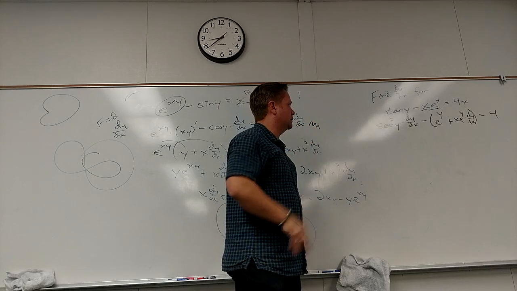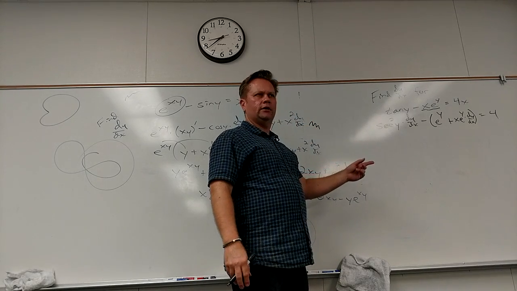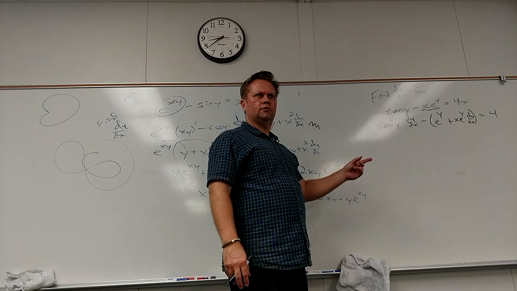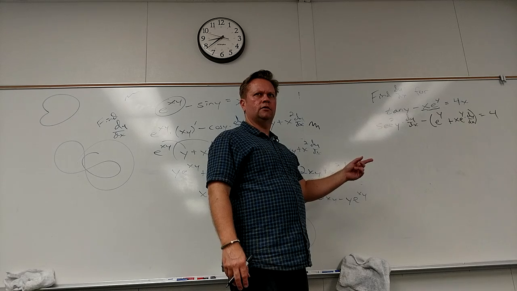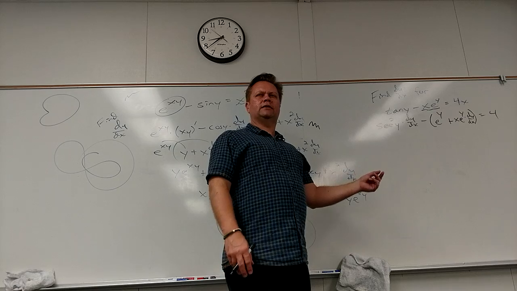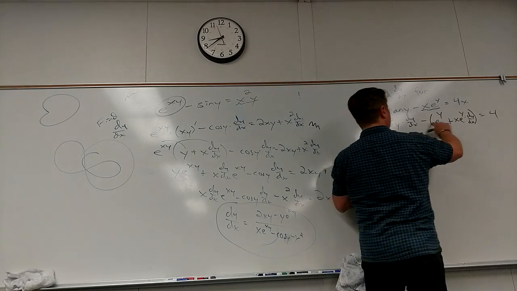And now there's only one thing that's in the wrong place, right? What's in the wrong place? What does not have a dy dx in it that's on the side with the stuff that has a dy dx in it? Yeah, that guy. So it's minus e to the y. So let me add it.